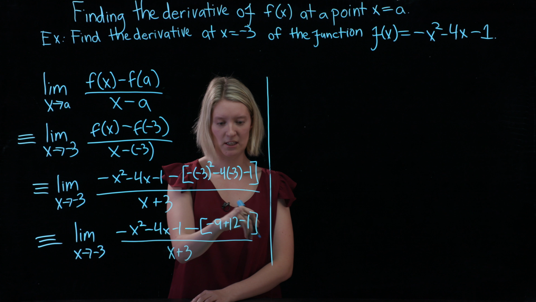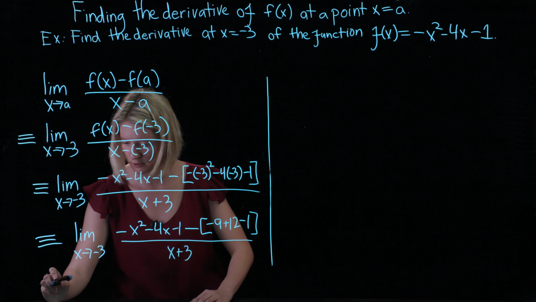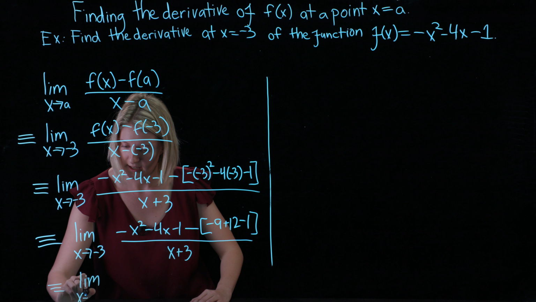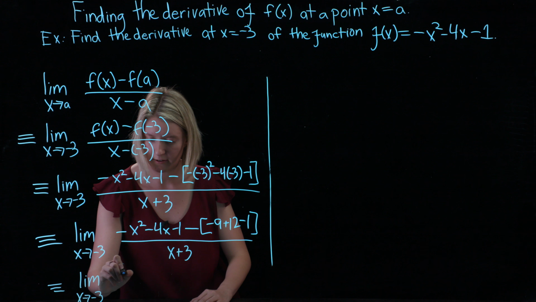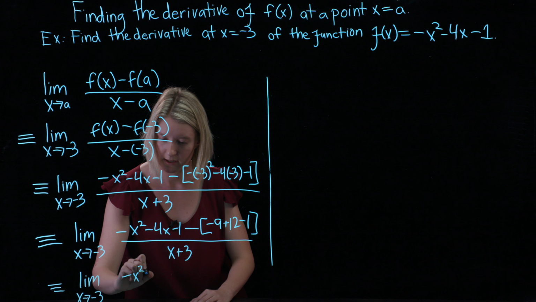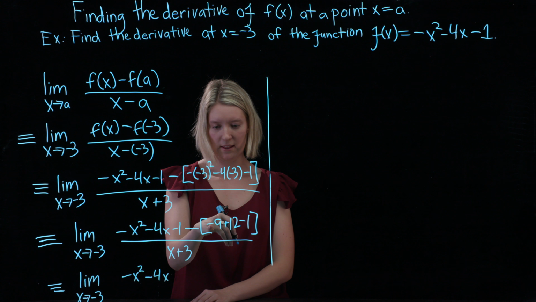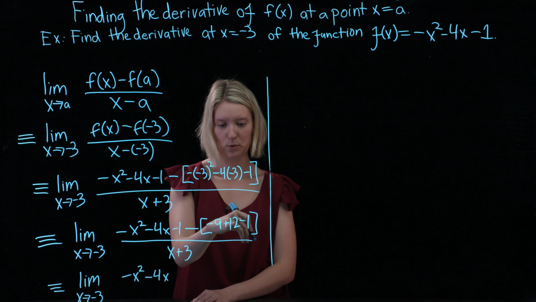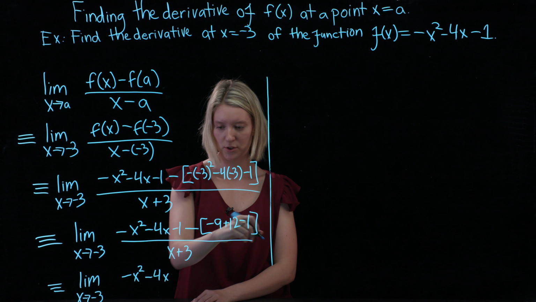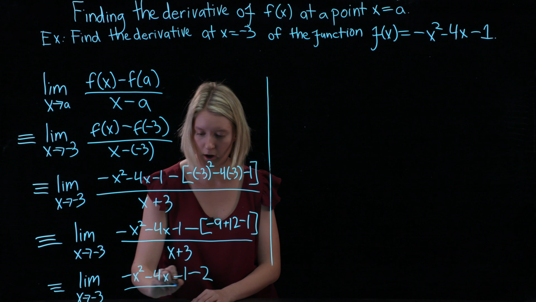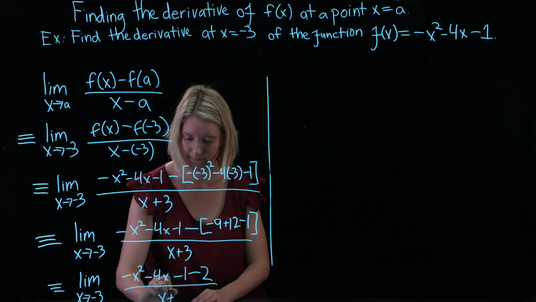So if I combine like terms, I have the limit as x approaches -3 of negative x squared minus 4x minus 1, and then -9 plus 12 is 3, minus 1 is 2. So I have minus 1 minus 2 all over x plus 3.